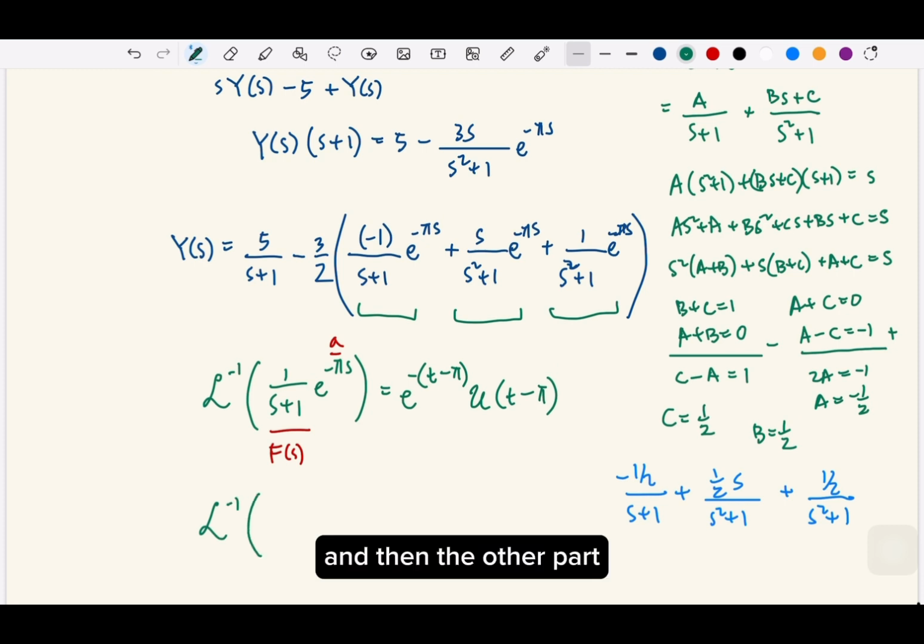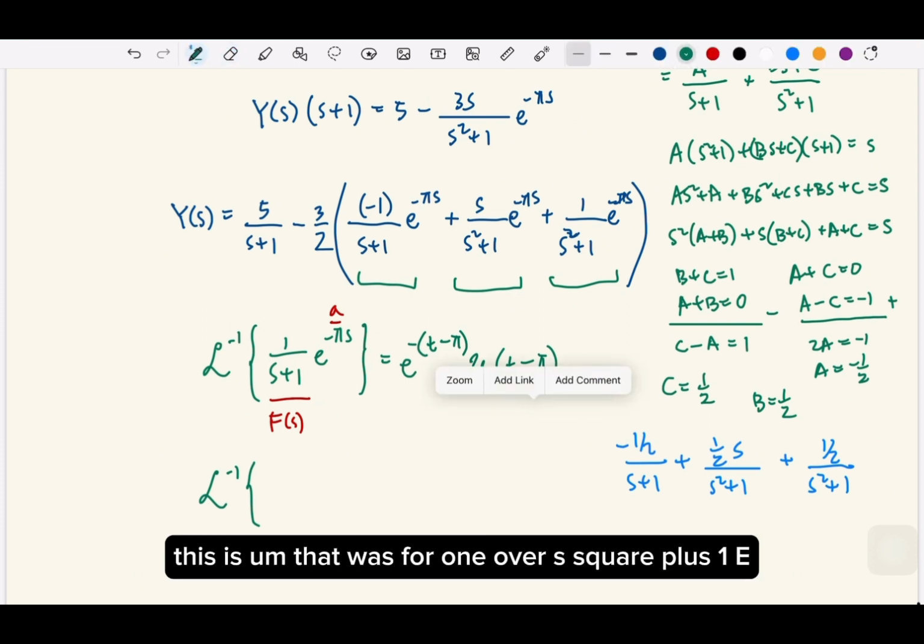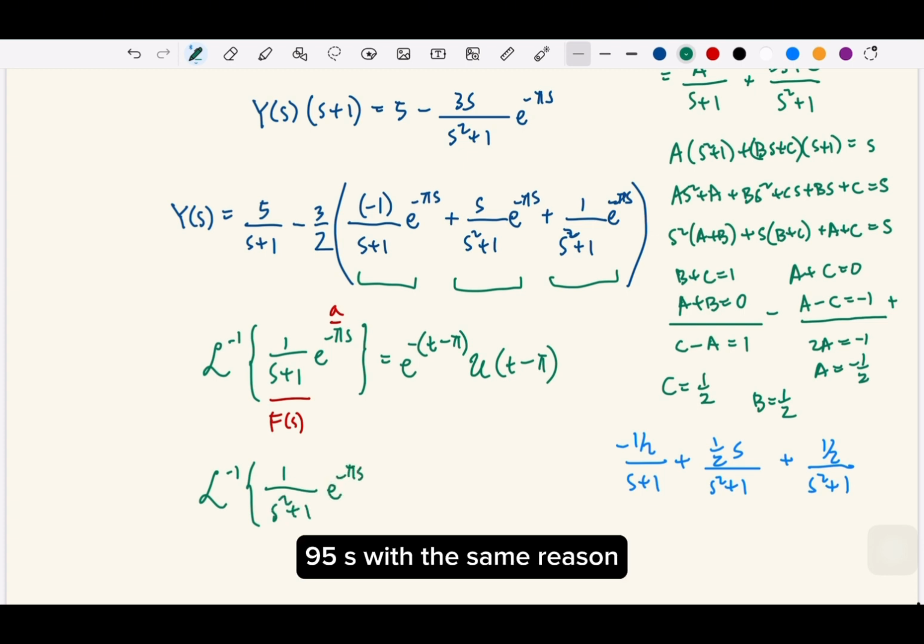And then the other part, this is now for 1 over s squared plus 1 e negative pi s.